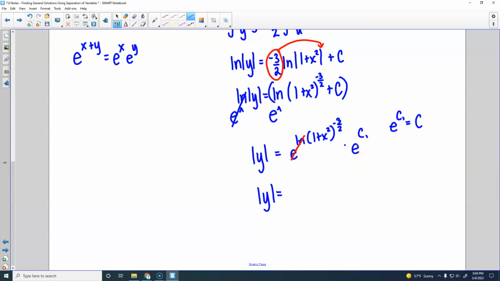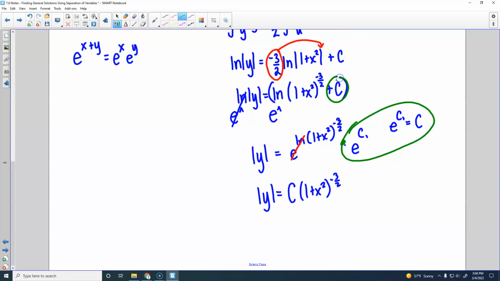What you're going to see is every time you do this, e right here is going to come out front as a big C. You don't have to explain why you did that. So whenever you have the e that you're raising to both sides, you don't have to write this step right here.